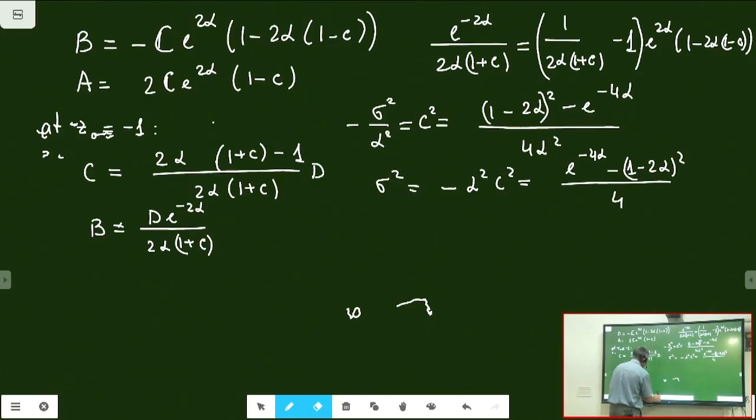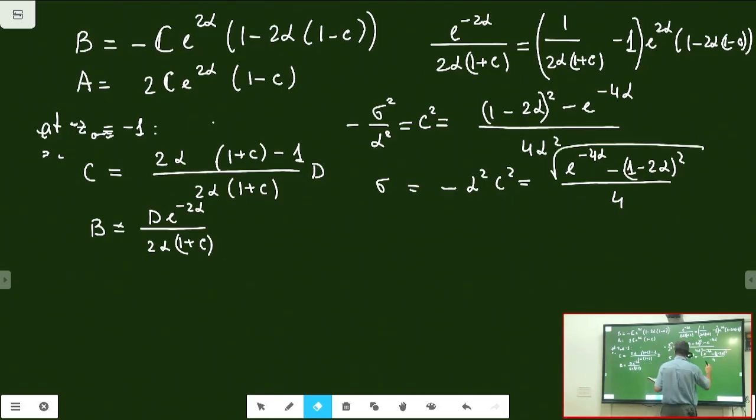So that's what the expression is. And if I want sigma itself, I just put the square root here. And this will be divided by 2. Well, clearly plus or minus. Agree? Okay.